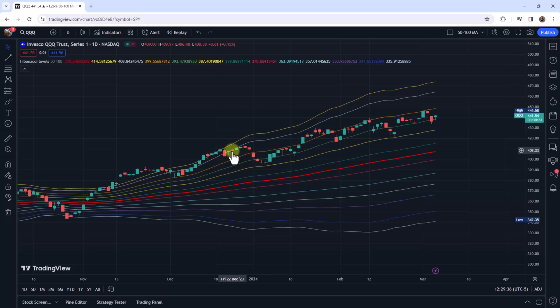Or it supported right here, look at that. And what they fail to realize is that everybody knows that. Everybody can see this. Everybody knows what the rules are, and everybody is bidding these options up or down according to what they think is going to happen. And that means, in the end, there's not going to be a net advantage.